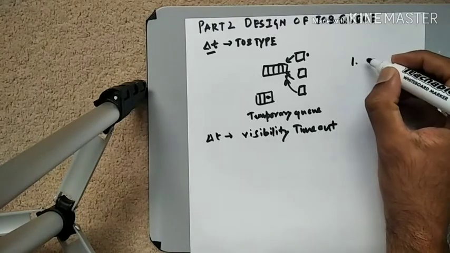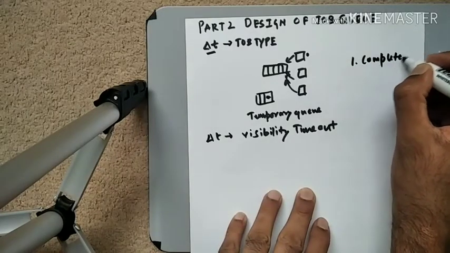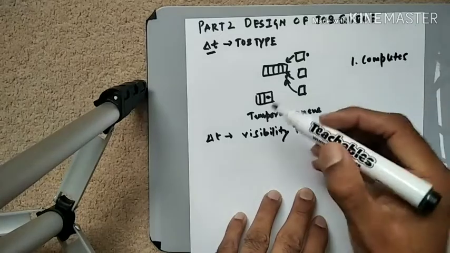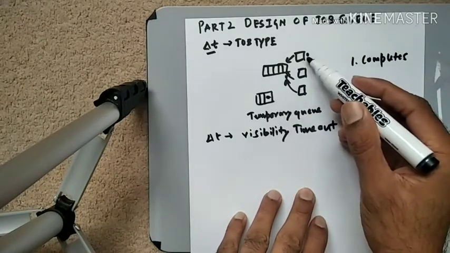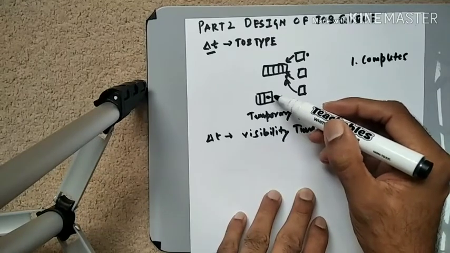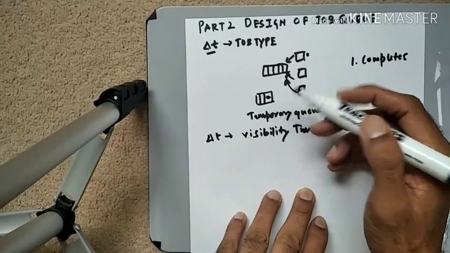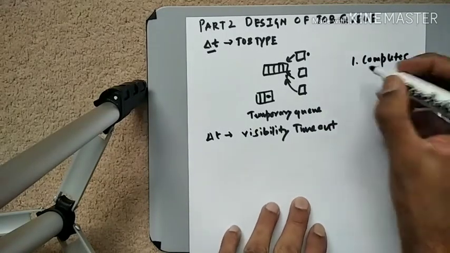One, the worker completes the job. If the worker completes the job, we don't want to keep holding on to that job in the temporary queue. The worker can come back and delete the job from the temporary queue, thus indicating that it has completed the job.